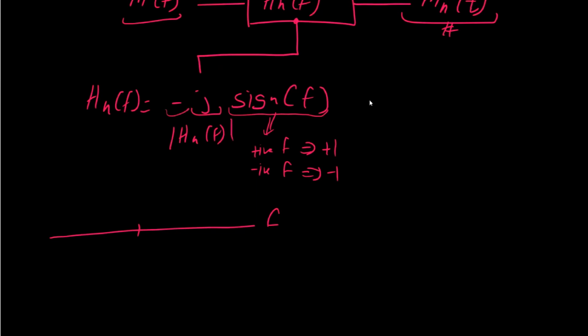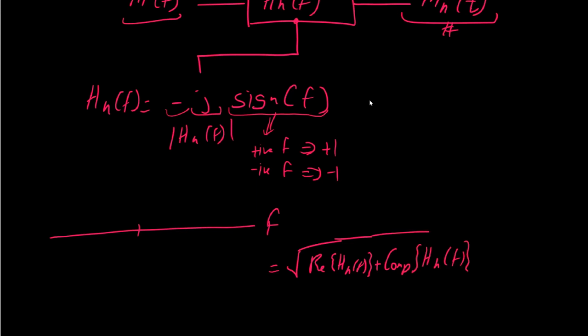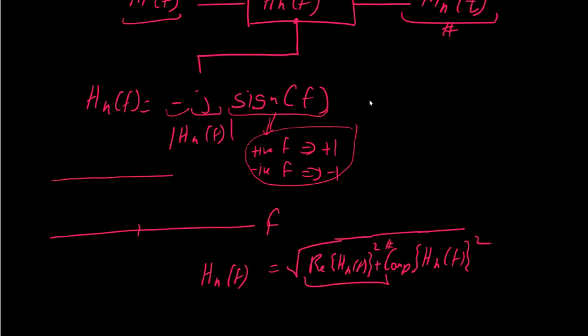But in the magnitude response, we take the square of the real part of h of f plus the complex part of h of f, squared, and then take the square root. So regardless of whether we have a positive one or a negative one, we would always have a value which is +1 for all frequencies. So this is our magnitude response.